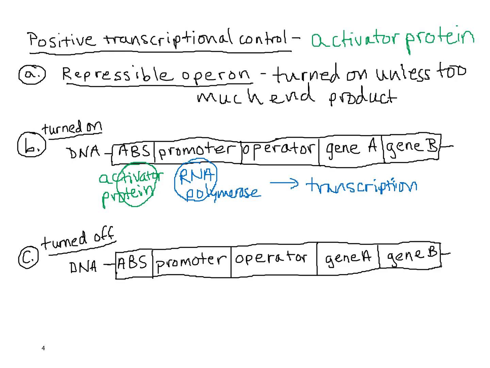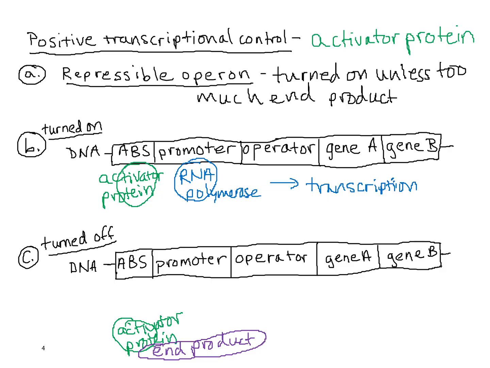How that happens is, if we've got too much of our end product around, then the end product will bind to the activator protein, and that'll cause the activator protein to change shape, and that'll make it fall off the activator binding site.